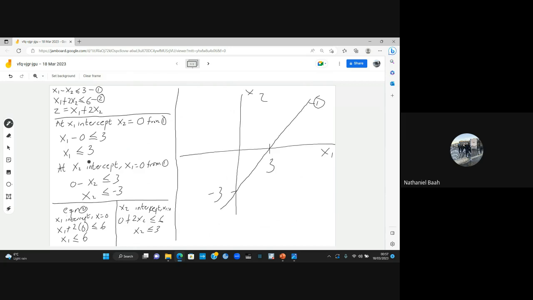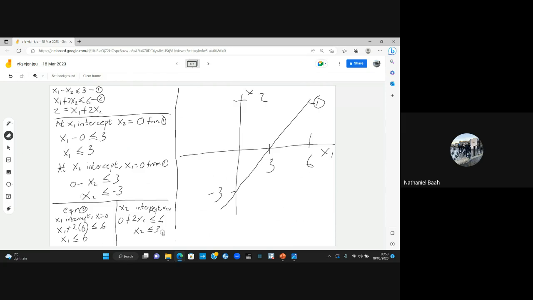Great. Now let's look at equation 2. So at x1 intercept, that means that x2 is equal to what? 0. And we had x1 to be equal to 6. So say this is my 6. At x2 intercept, then it means that x1 is 0. So when we do that, then we had x2 to be equal to 3. Sorry, this is my 6 at this point, so I have to erase this.